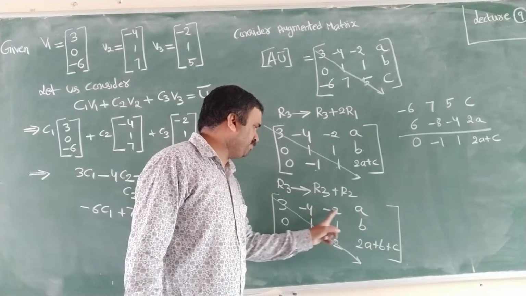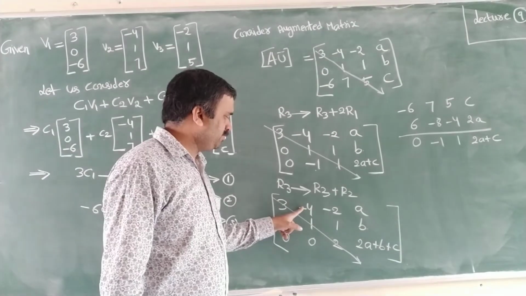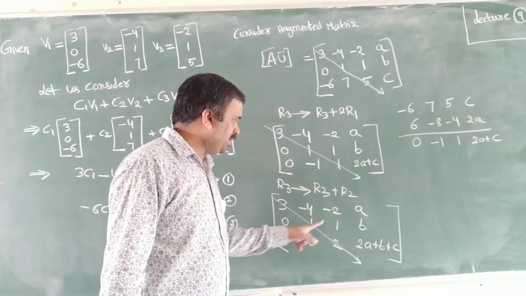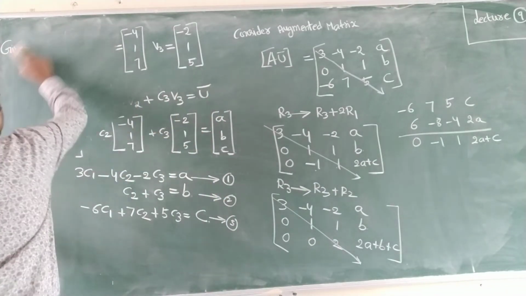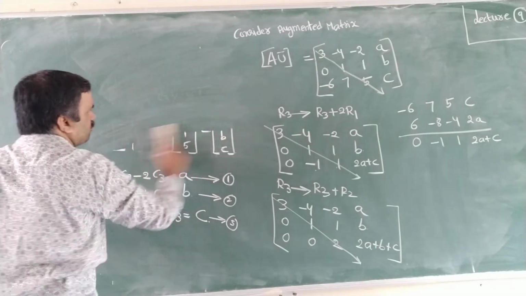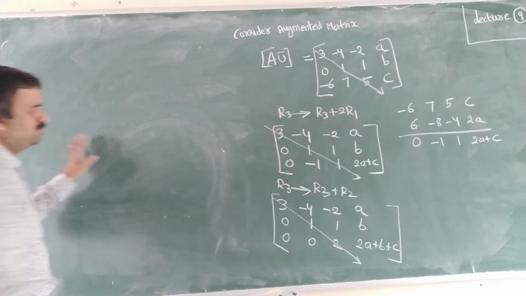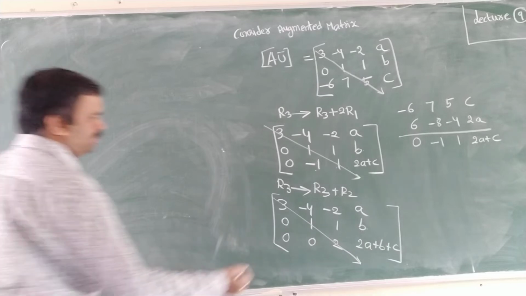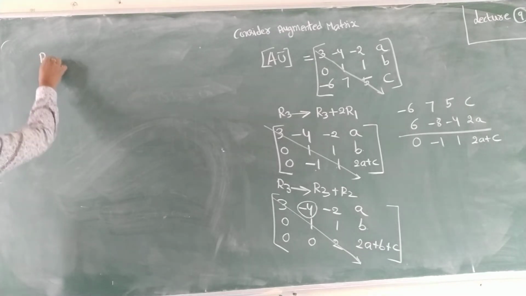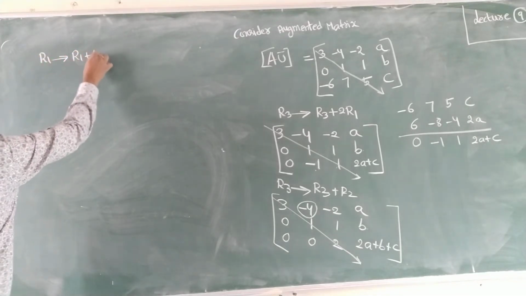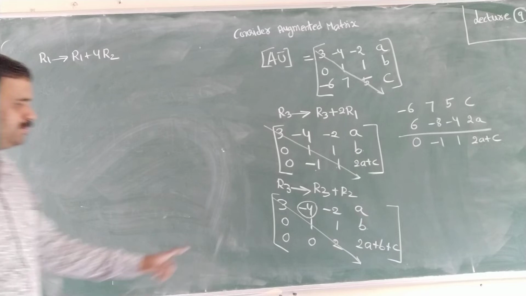First I'll make the -4 position 0. So R1 implies R1 plus 4 times R2, and later I will do the other two positions also.